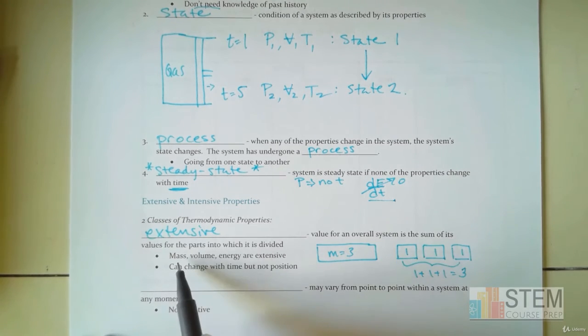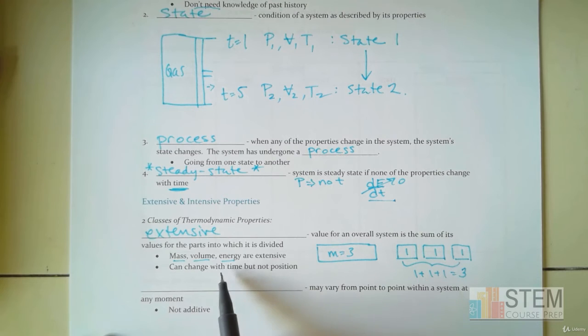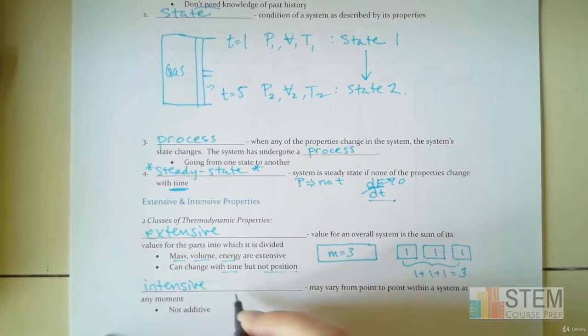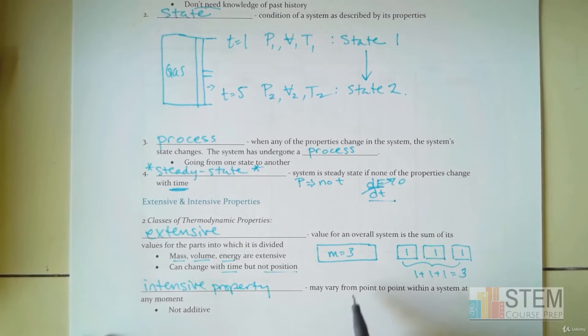So mass, volume, and energy are examples of extensive properties. And these can change with time, but not position. Now, the opposite of that is going to be an intensive property. An intensive property can vary from point to point, but it's not going to be additive.